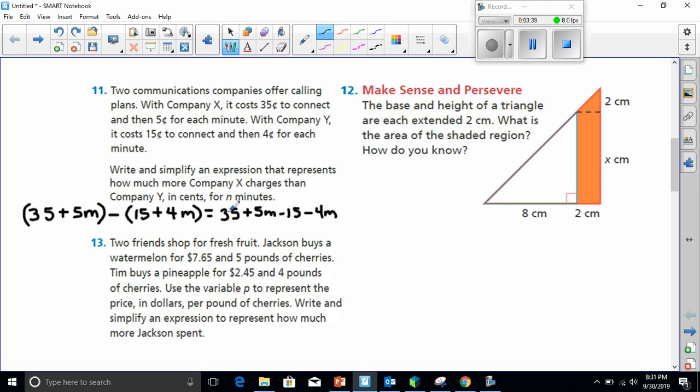Well, 35 minus 15, I can group together, so I'm going to group them over here together. 35 minus 15, those are my constants. I'm going to add that to 5m minus 4m.